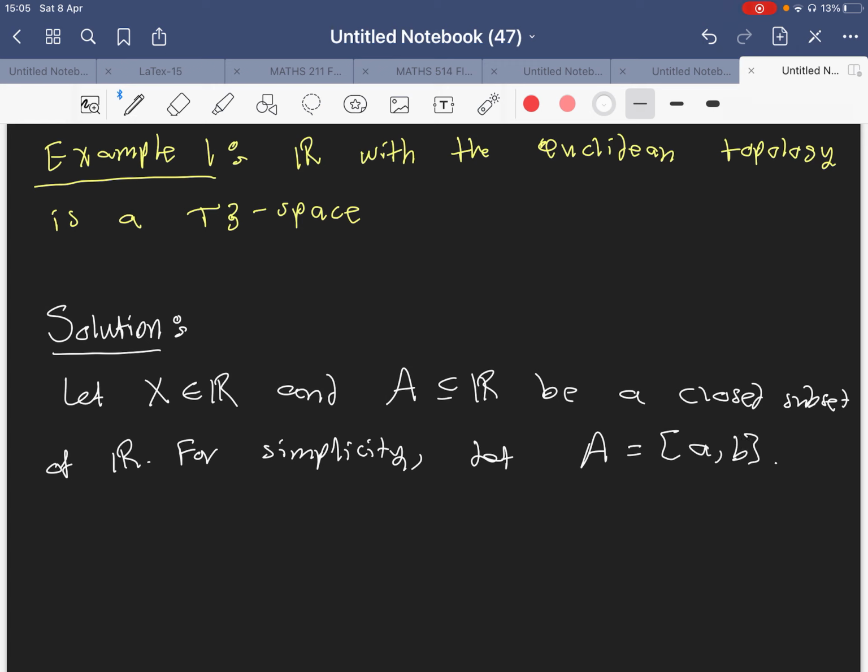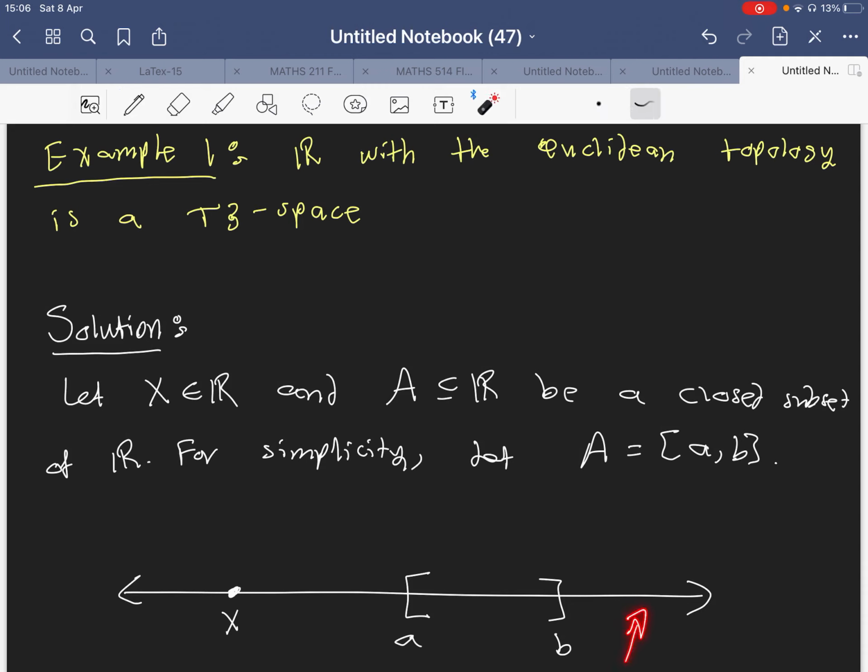Without loss of generality, we will assume my point X is here and my interval lies back here. Of course, if X is on the other side, that would be fine. If X is in A, we need to deal with it in a separate way, but we are assuming X is not in A. So we are assuming that the separation can happen the way we expect it to happen.